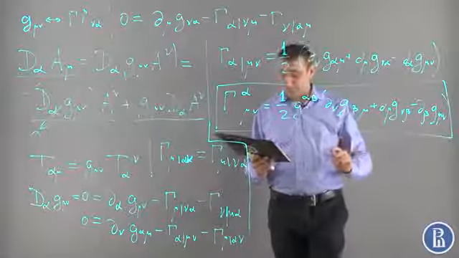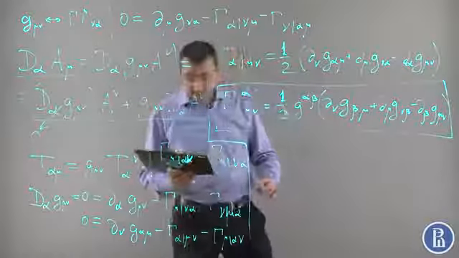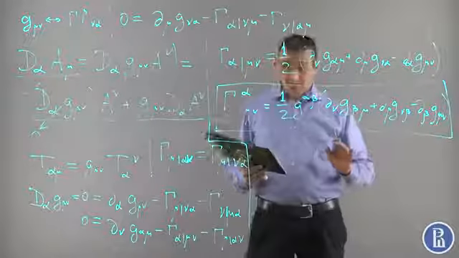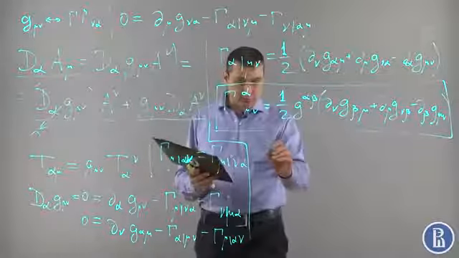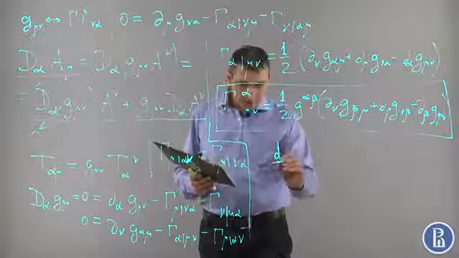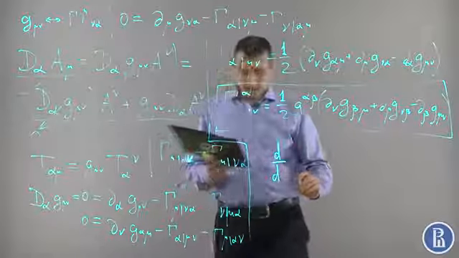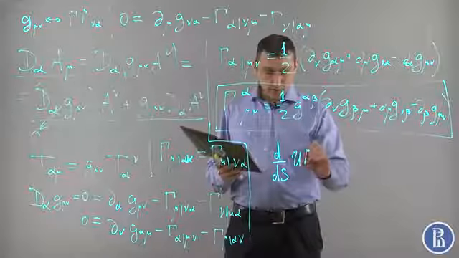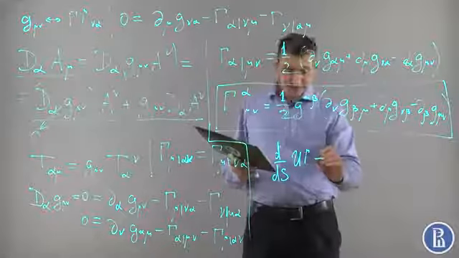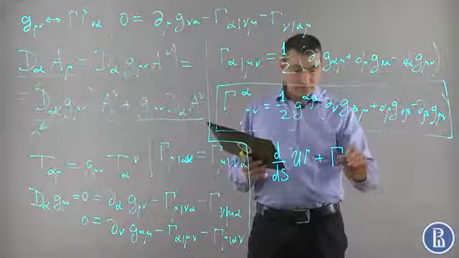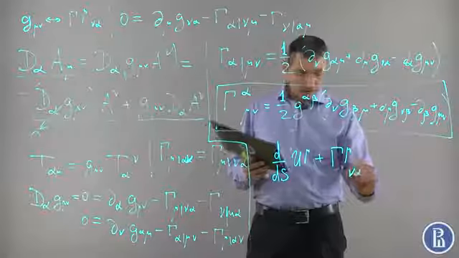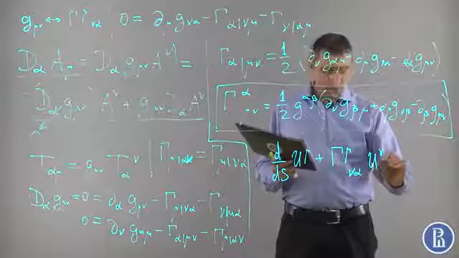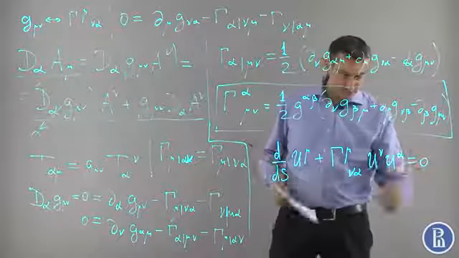Moreover, as a byproduct, we obtain another interpretation of the geodesic equation. Just to remind you, the geodesic equation looks like this: d over ds of u mu plus gamma mu nu alpha u nu u alpha equals 0.